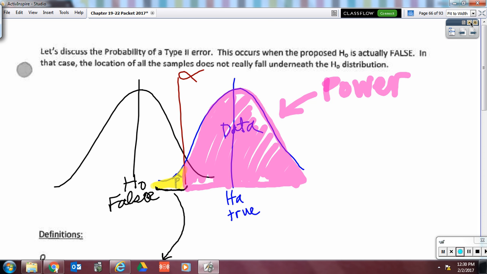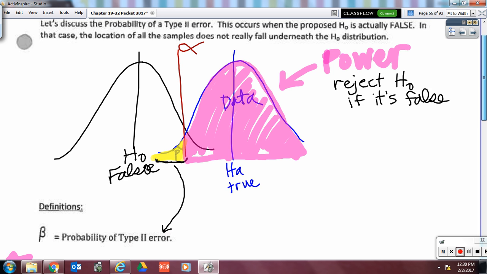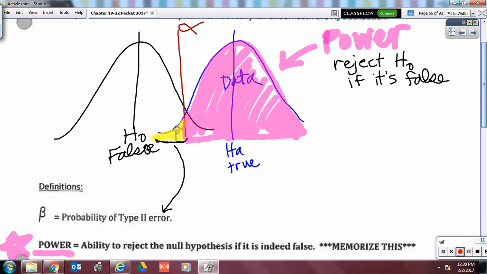Okay. So here we want to reject the null if it's false. All right, so we want power to be bigger and bigger and bigger. So of course we are interested in what we can control to increase power.